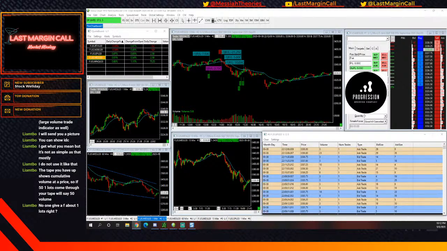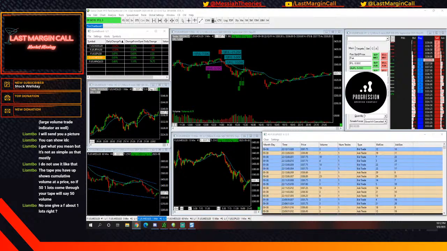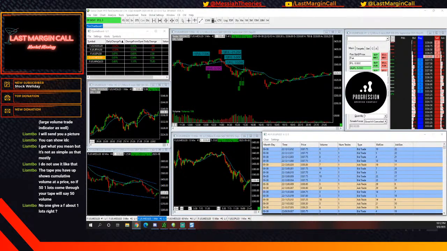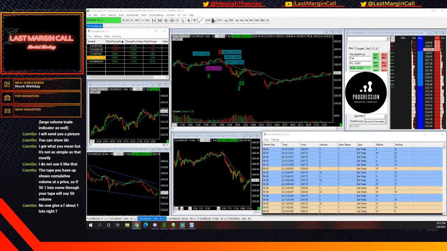That's just the one lot, it just determines how much it was executed. What if the bid and ask is thin? And that's how it had to be executed.